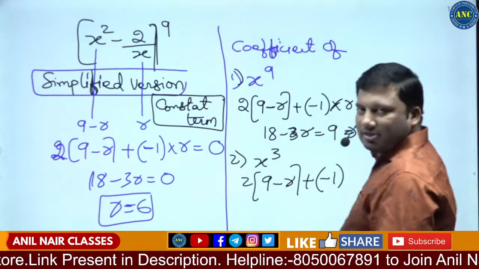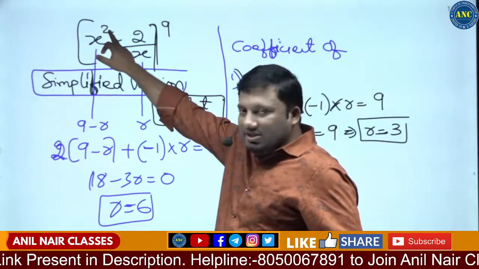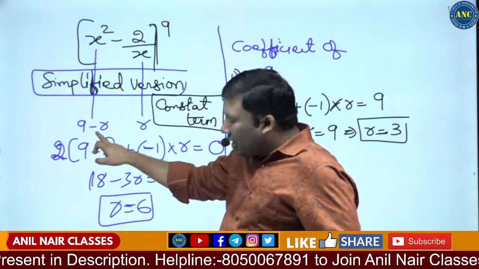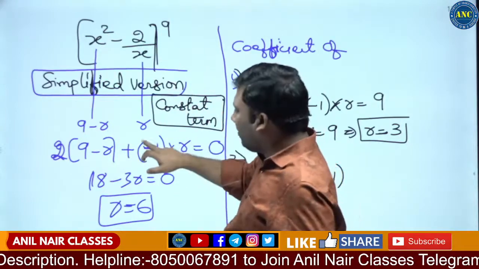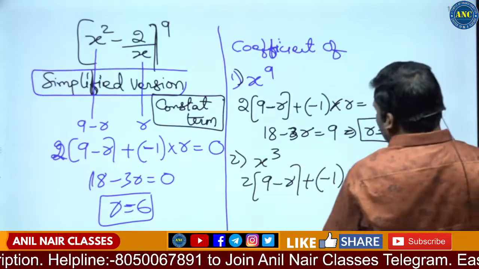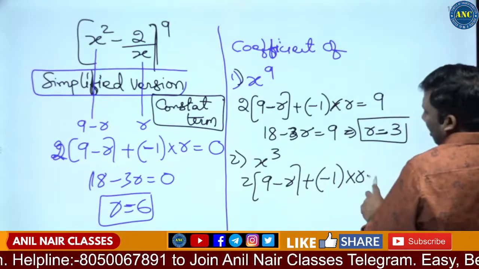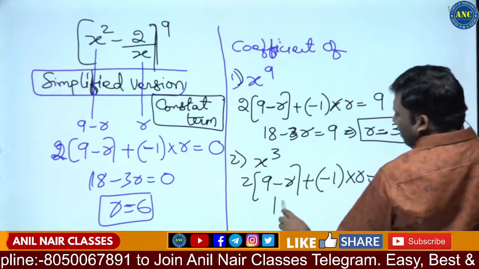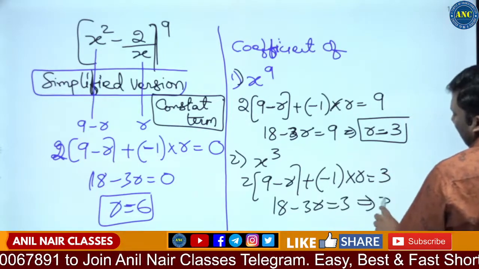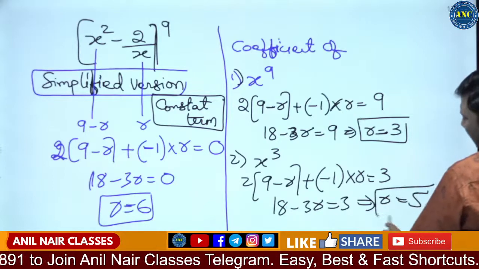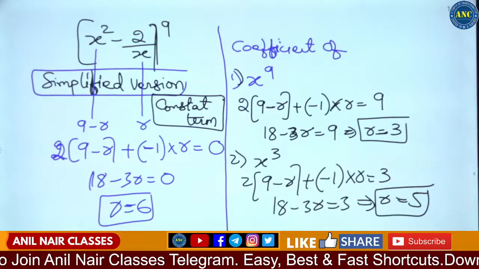From where we got these minus 1? Here power of x is 2. So 2 into 9 minus r. X is there in the denominator, in the numerator it will become minus 1. So minus 1 into r equivalent to 3. 18 minus 3r is equivalent to 3. 15 equivalent to 3r, r equivalent to 5.